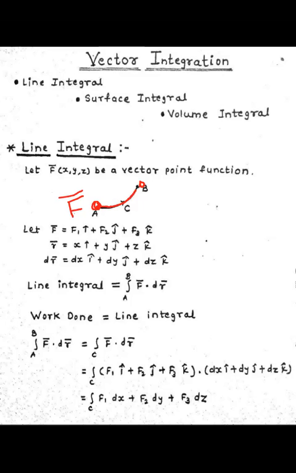This force F bar is also called a force field. So the displacement occurs and the particle moves from A to B. And of course, work is done by the particle along the curve C. That work done we can calculate with the help of line integral.